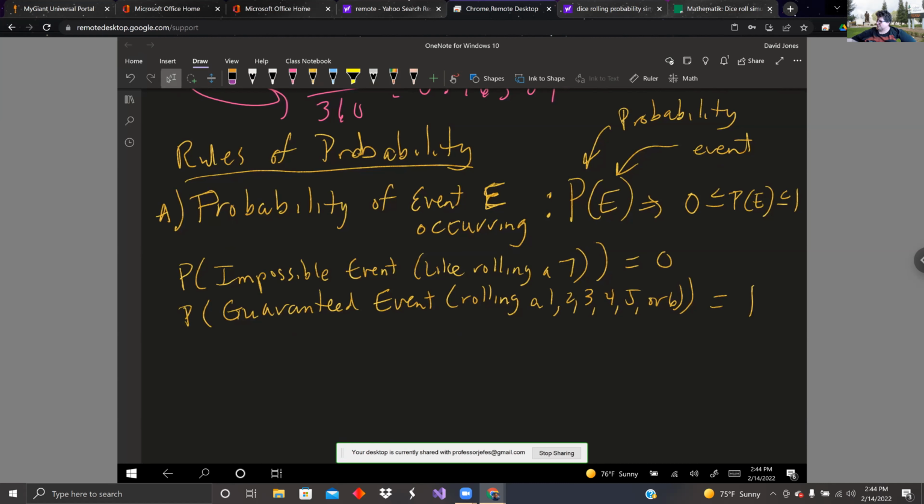Some words they'll use are things like sample space. The sample space is usually called S, and S is the set of all possible outcomes.